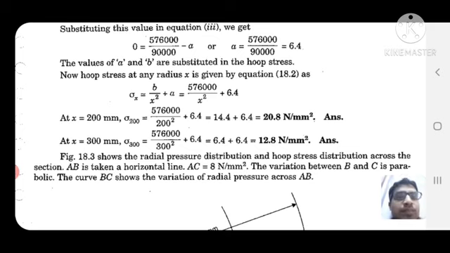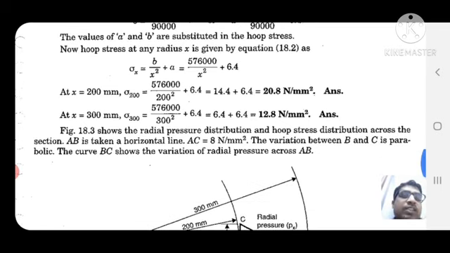At x equal to 200 millimeter, sigma 200 is equal to 576,000 divided by 200 square plus 6.4, that is 14.4 plus 6.4, which is 20.8 Newton per millimeter square.